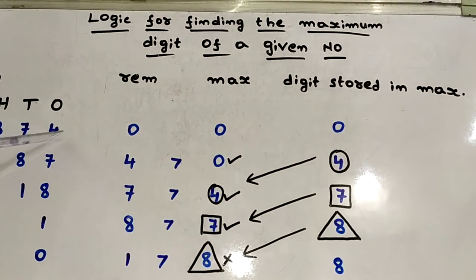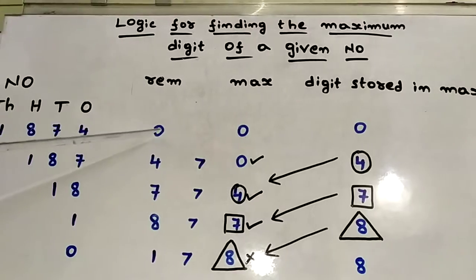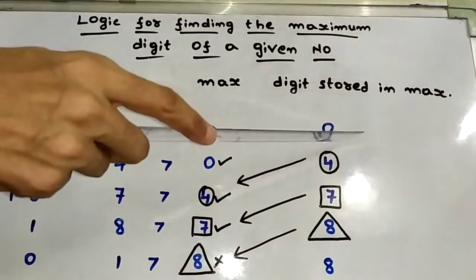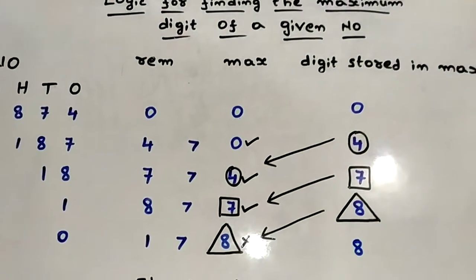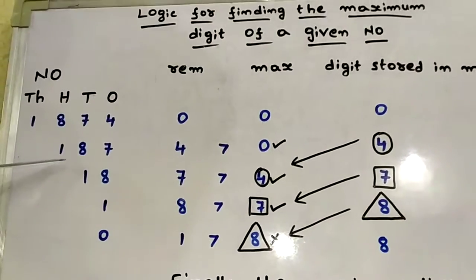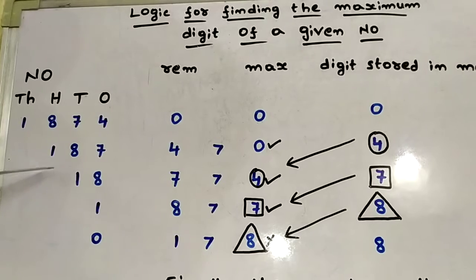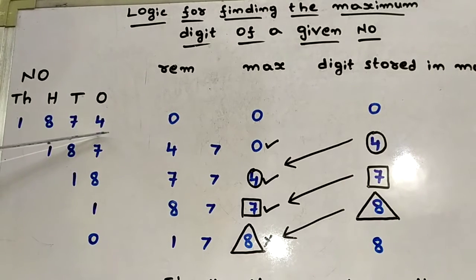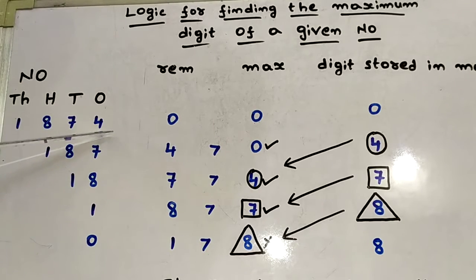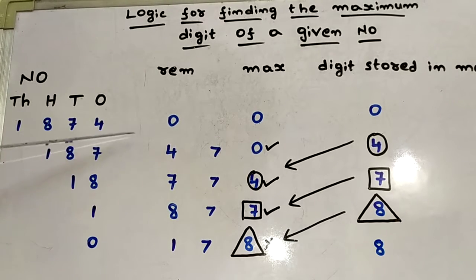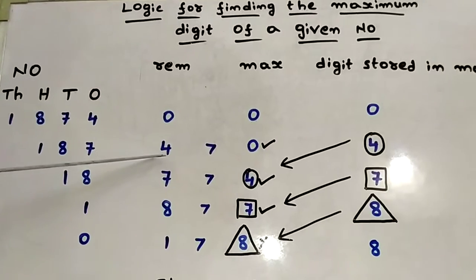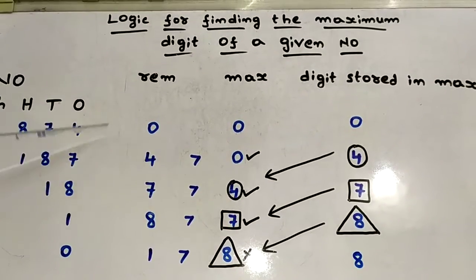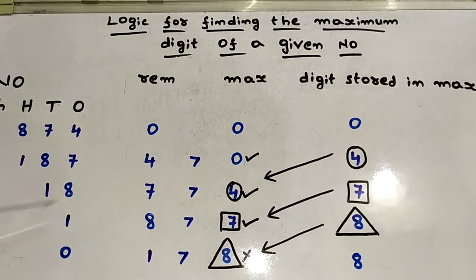And 1874 is the number, REM value is 0, max value is also 0, the digit stored within max is 0. Now I start extracting digit by digit from the number 1874. The units digit is 4. This units digit 4 is extracted into the REM.